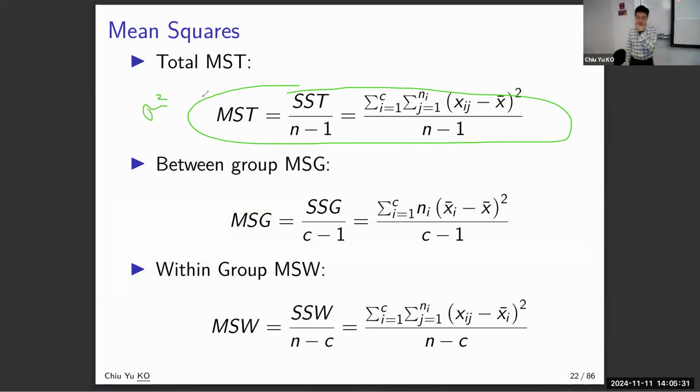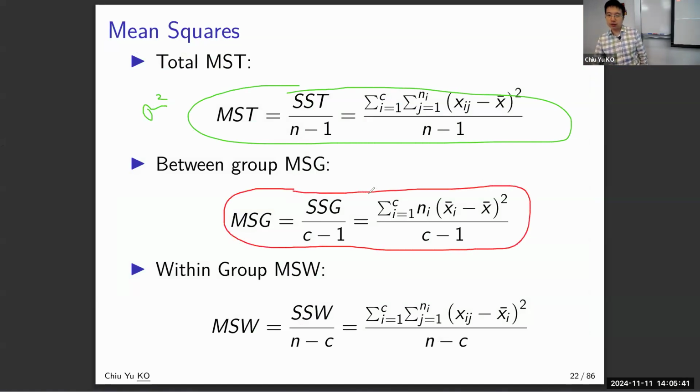And this is the part estimated based on the group, divided by this, because look at the difference between these two. It's the variance among the group means. There are many groups there, look at the variance of them. That's why there is C minus 1, because C is the number of groups.